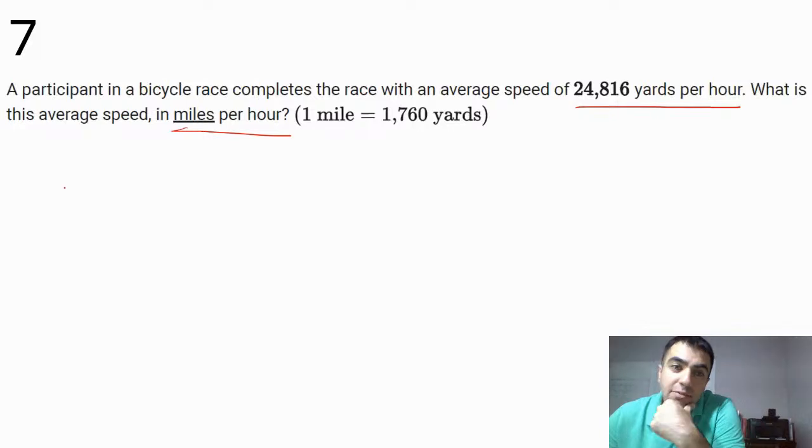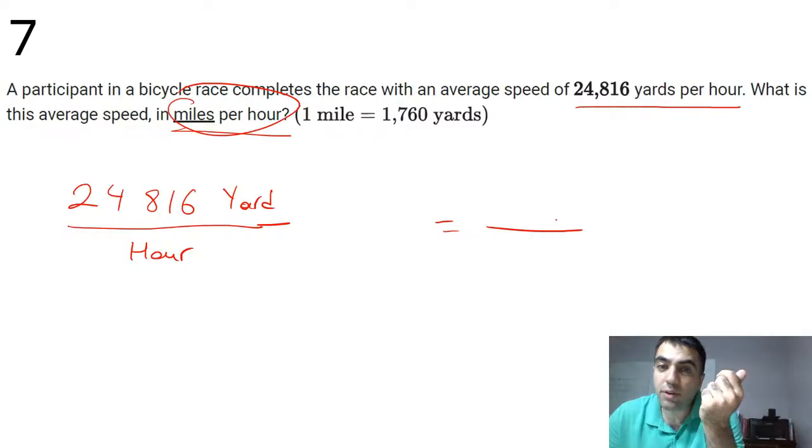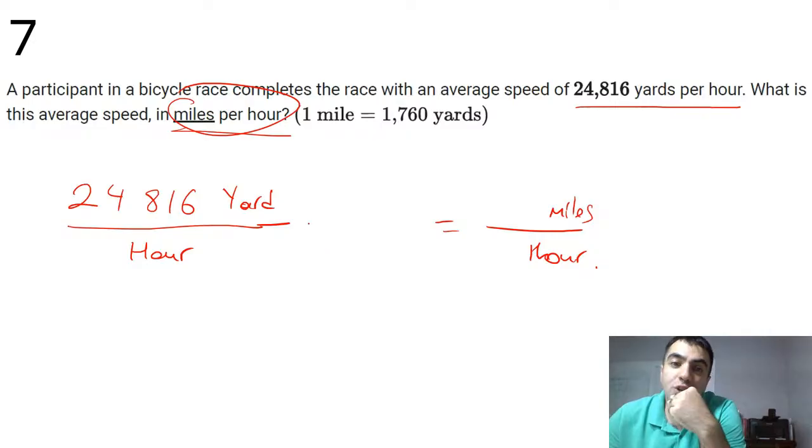We have, let's say, 24,860 yards per hour. Yards per hour, okay? And we know that we are looking for miles per hour. So what should we do here?